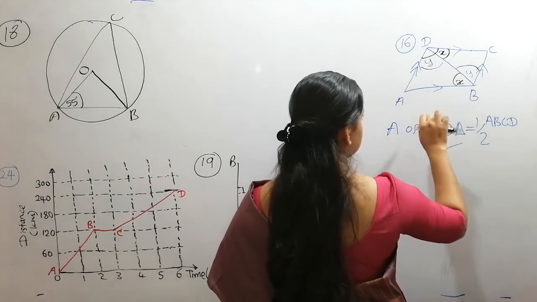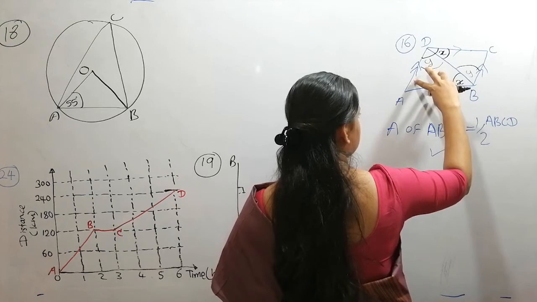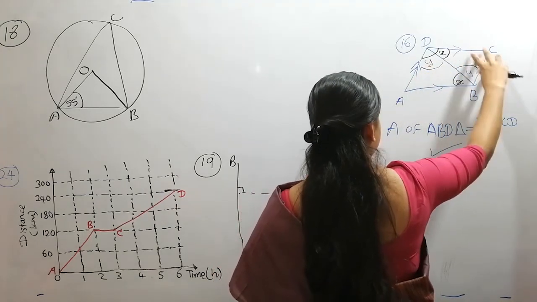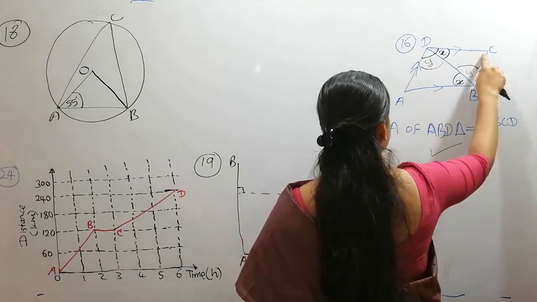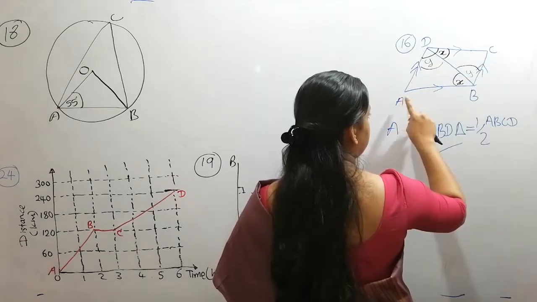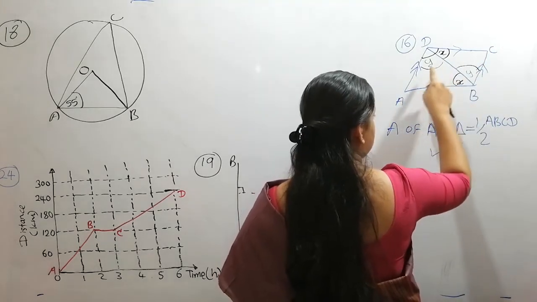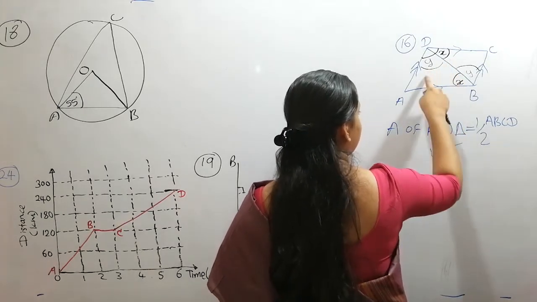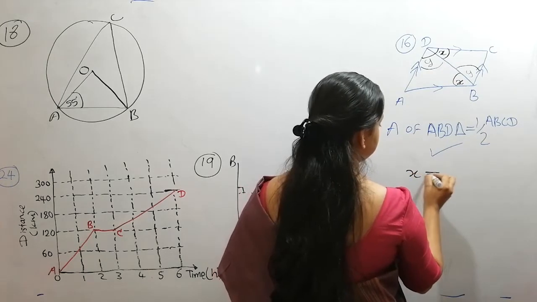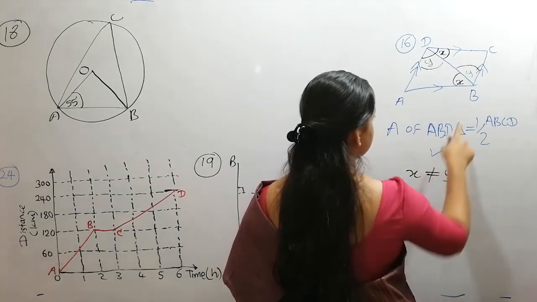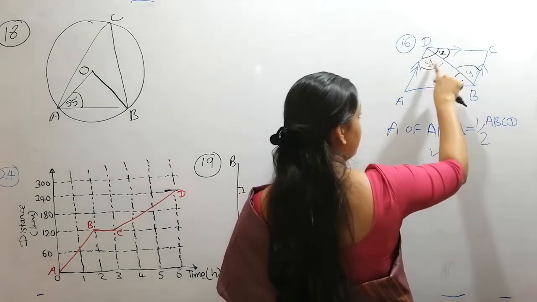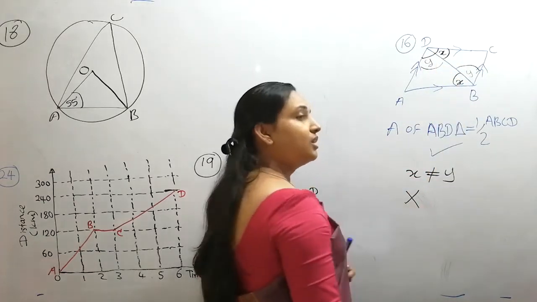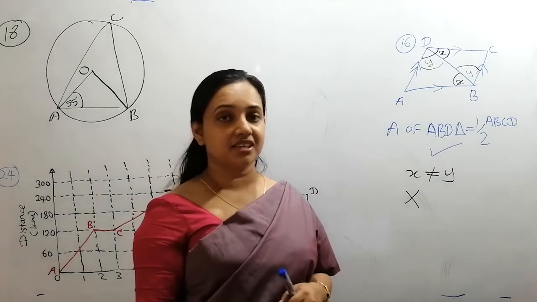These two triangles are not identical to each other, therefore x can't be equal to y. x is not equal to y. That means DB is not the bisector of this angle. That means the second statement is wrong.